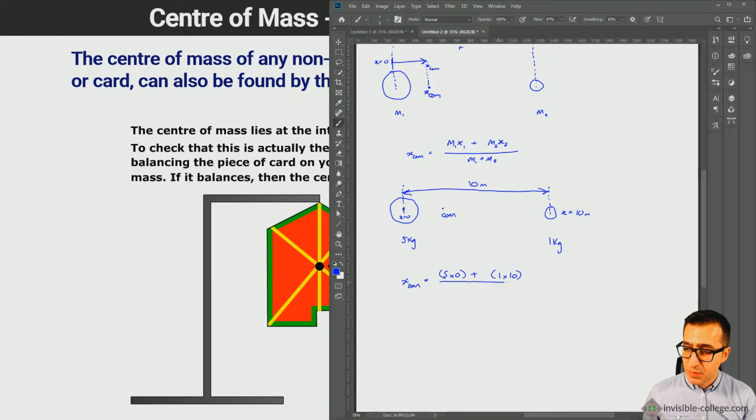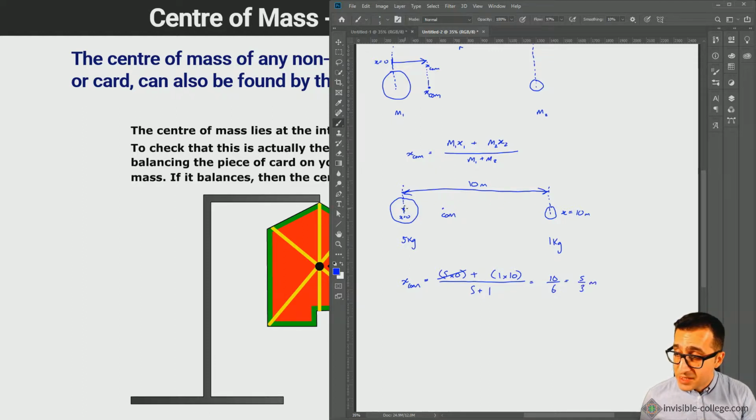We divide this by the sum of the two masses, 5 plus 1, which is equal to 6, beg your pardon. So this is going to be 10 over 6 in meters from this position, which of course simplifies to 5 over 3 meters.